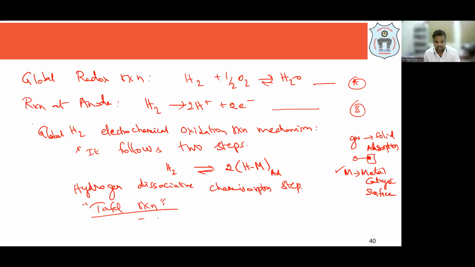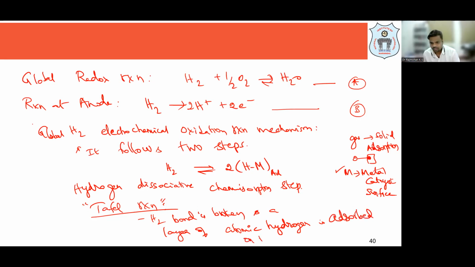What is happening there actually? The hydrogen bond is broken and a layer of atomic hydrogen is adsorbed on the catalyst surface.